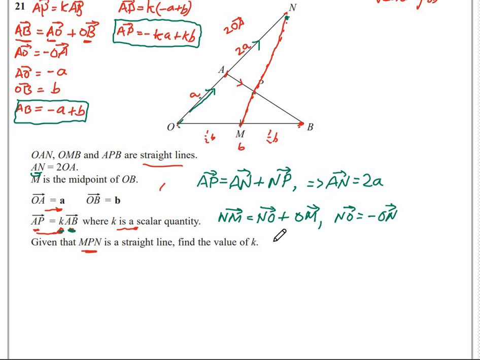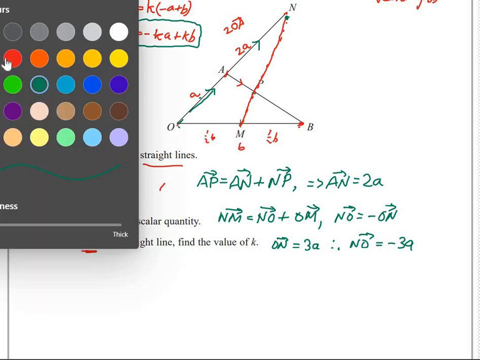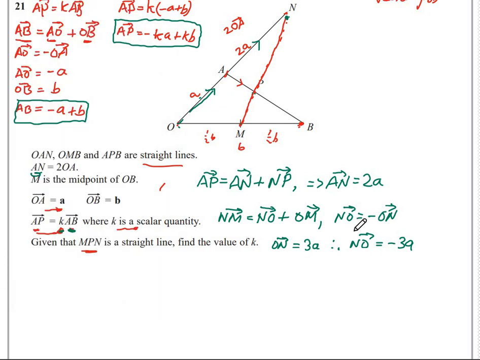So ON equals 3A, and so NO must be the negative of 3A, minus 3A. Okay, so far so good. We're still filling in information.